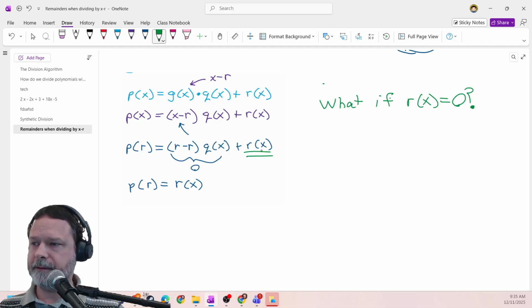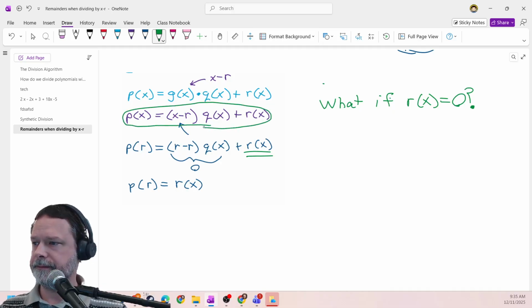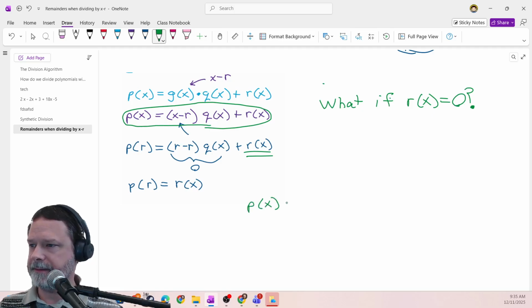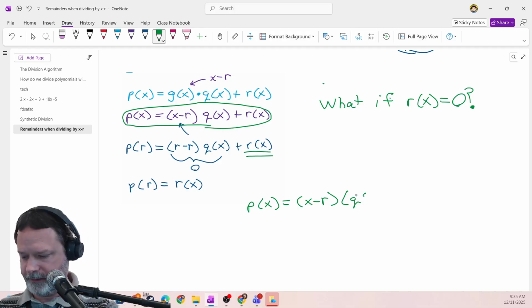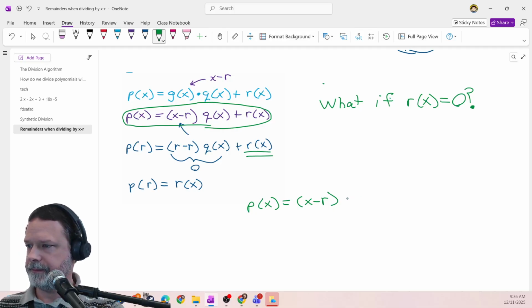If r of x equals 0, so let's start right here. Let's say we do the division problem, or we do synthetic division, because that's the fast way to do these. And we get p of x equals x minus r times q of x plus r of x. But our r of x was 0.